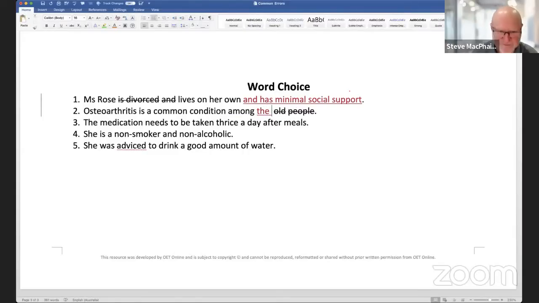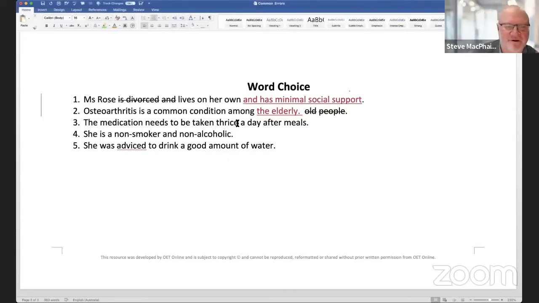It's more respectful. Old people sounds a bit informal, lacking a little bit of respect. As health professionals, you have to show respect. Aged, among the aged, possible. Elder people, no. Older adults, in some circumstances, that's good.